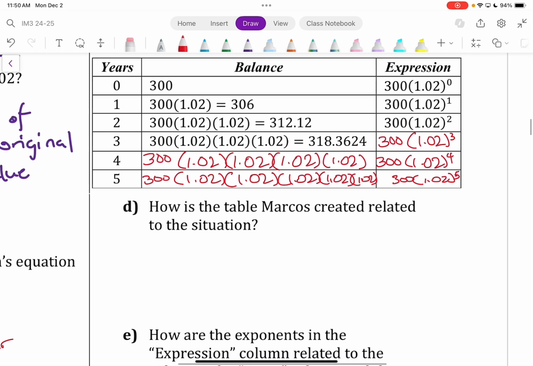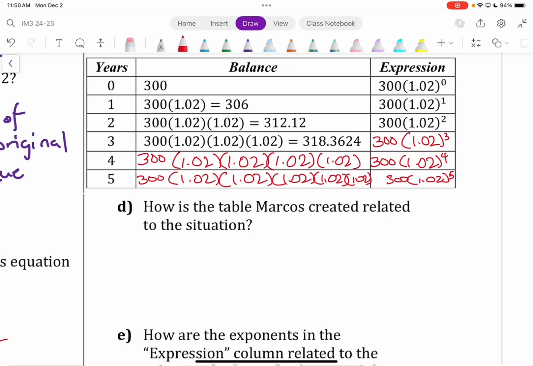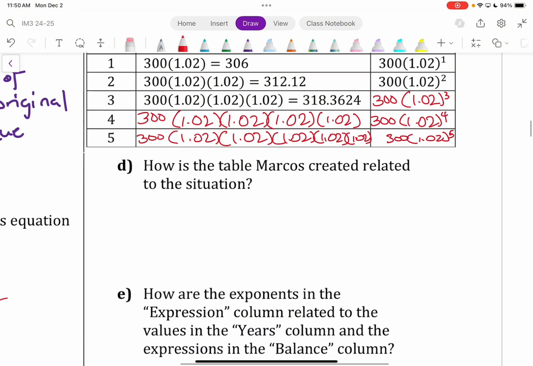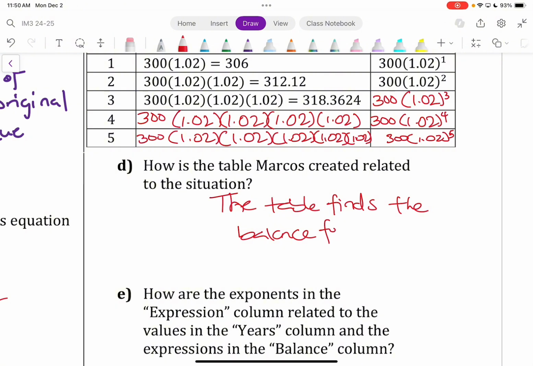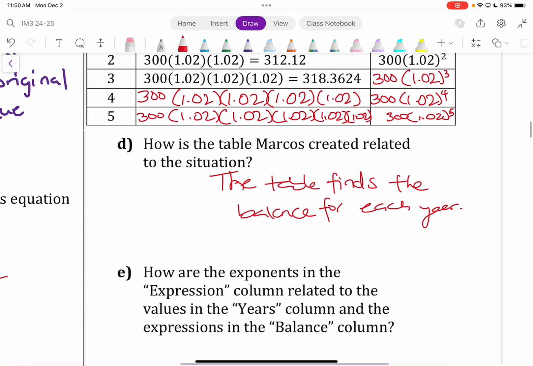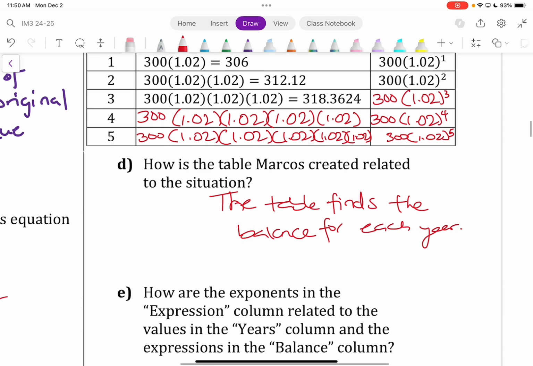So how is the table related to the situation? Well, now this table actually finds the balance for each year. How are the exponents in the expression column related to the values in the years column?